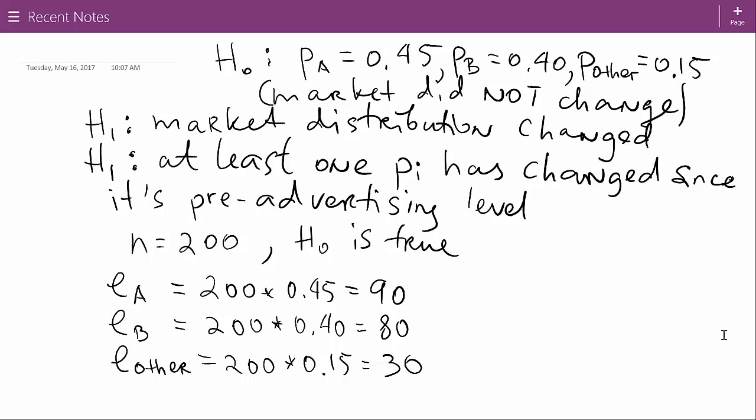Now, what I have is probably different. Okay, so let's go back to JMP and let's see what are the actual frequencies. I'm going to call them actual frequency of response A, actual frequency of response B, and actual frequency for the response other. Okay, so all I have to do really is to analyze my sample, right, and find out what are the actual counts.